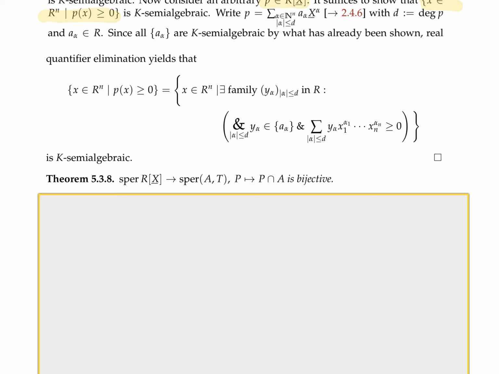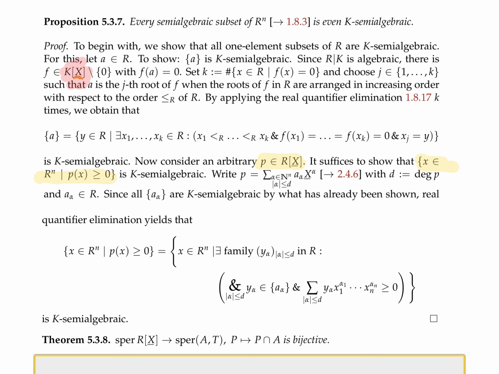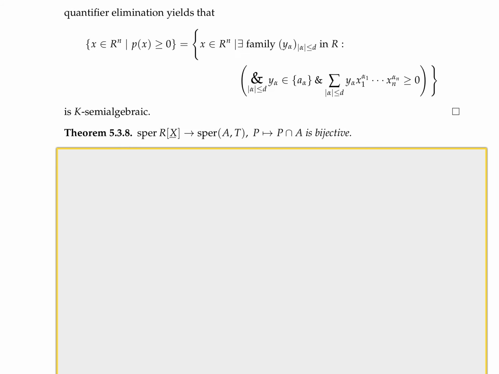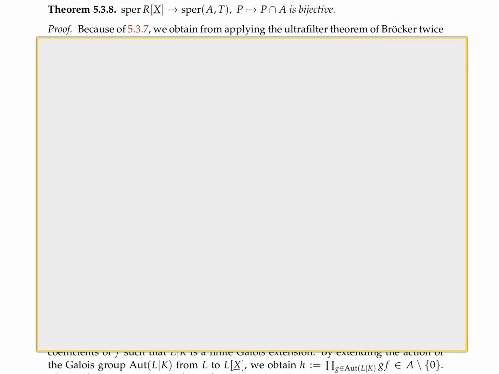That means that this lifting is actually unique. I guess it's not really obvious, right? Okay, and we get it now almost for free from a preceding proposition, together with Brocker's ultrafilter theorem, because we still have to check that this bijection is the one we would guess it is.